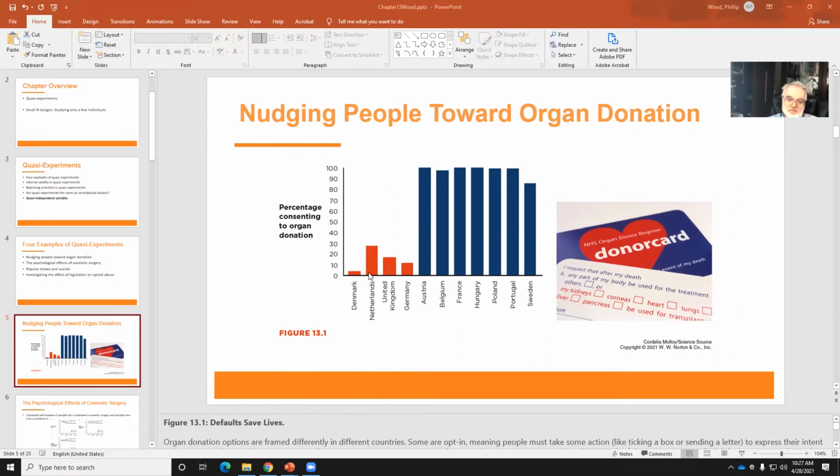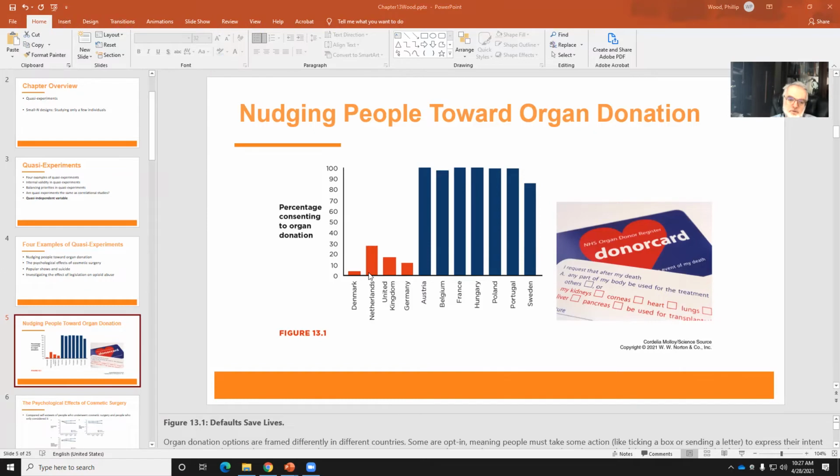So maybe there are some reasons that some countries do not allow you to just only opt out of organ donation, and there might be other characteristics of that country that you might think, well, maybe Austria, Belgium, France, they have a very strong socialist tradition of common good.